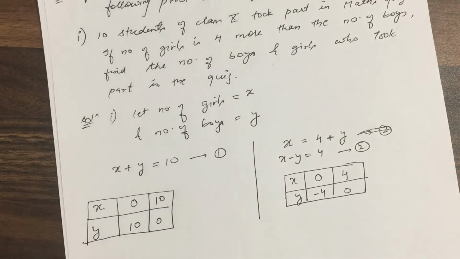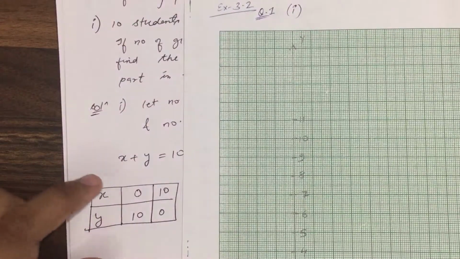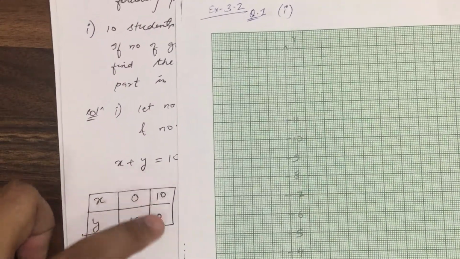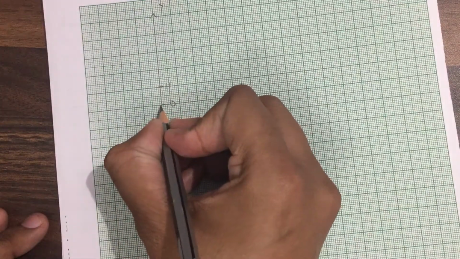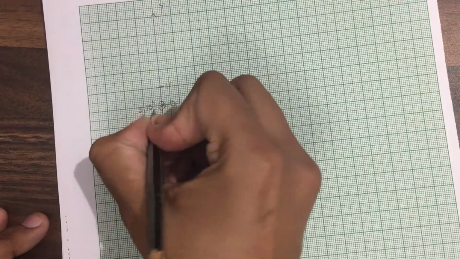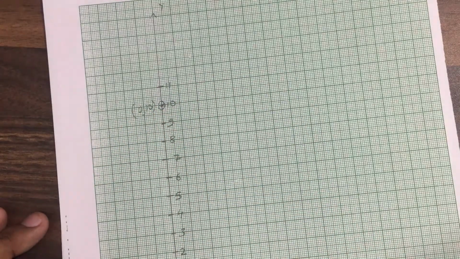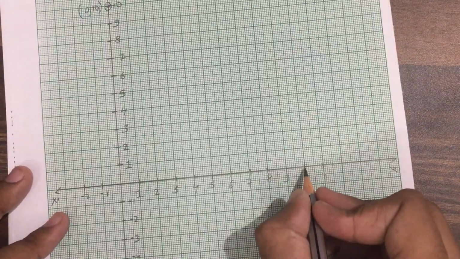Now we will plot them all. This is a graph paper. The coordinates are 0, 10 and 10, 0. This is 0, 10, and this is 10, 0.